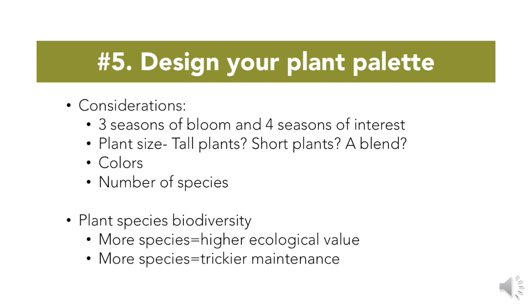And if your budget only allows you to purchase 250 plants in total, that will certainly limit the number of species that you can include in your plant palette. So, something that you'll need to work through, and you might end up hopping back and forth between step 5 and step 6 as you make adjustments.